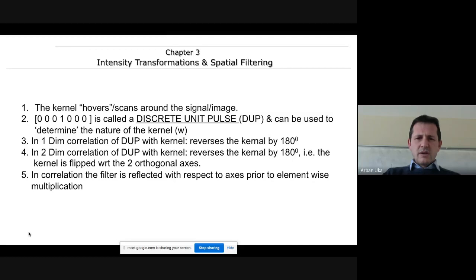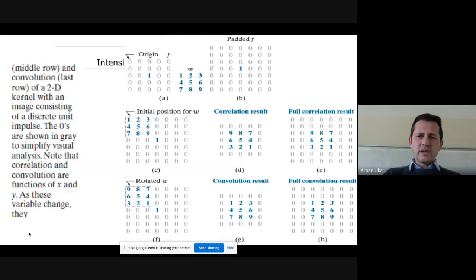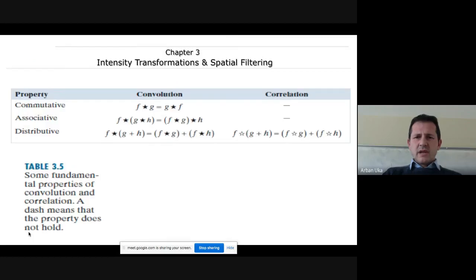And then I think in 2 dimensions, we rotate the kernel with respect to the 2 orthogonal axes. So for example, here is a 2-dimensional filter which convolves or correlates with the DUP, discrete unit pulse.